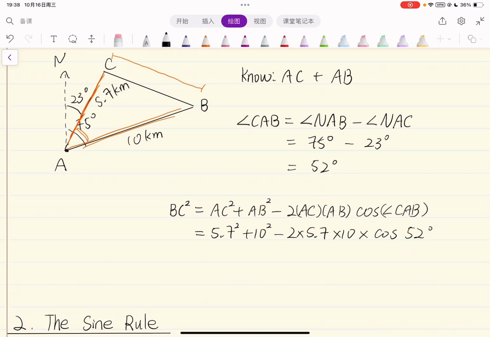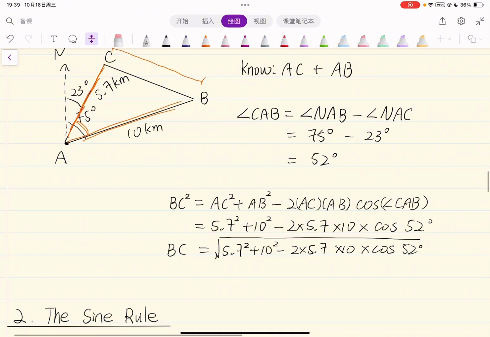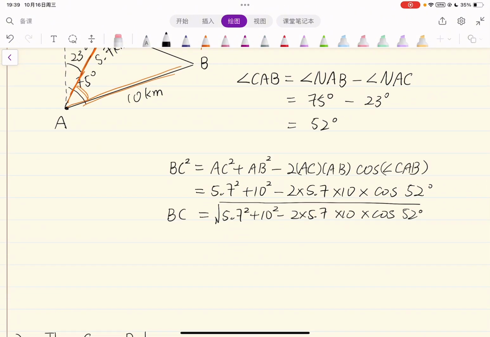And then BC equals to the square root of that. After you type them into the calculator, we have got that BC equals to 7.89, 3 significant figures.